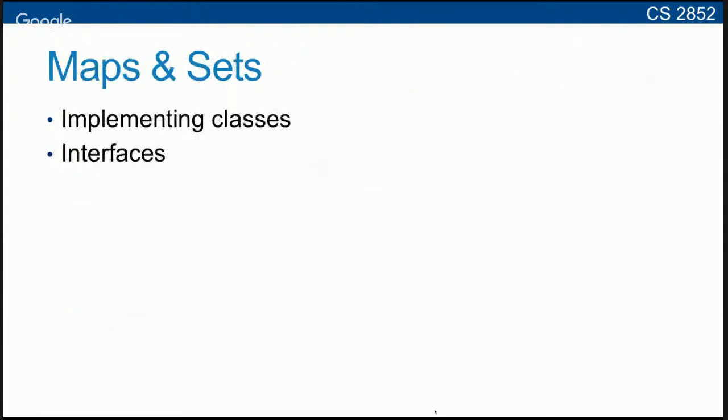With maps and sets, in particular maps, you'll want to know the two different implementations of maps. Remember that they are maps of key and value pairs, and that the key is what the map is indexed on, and the value is what's returned when you go to find it.